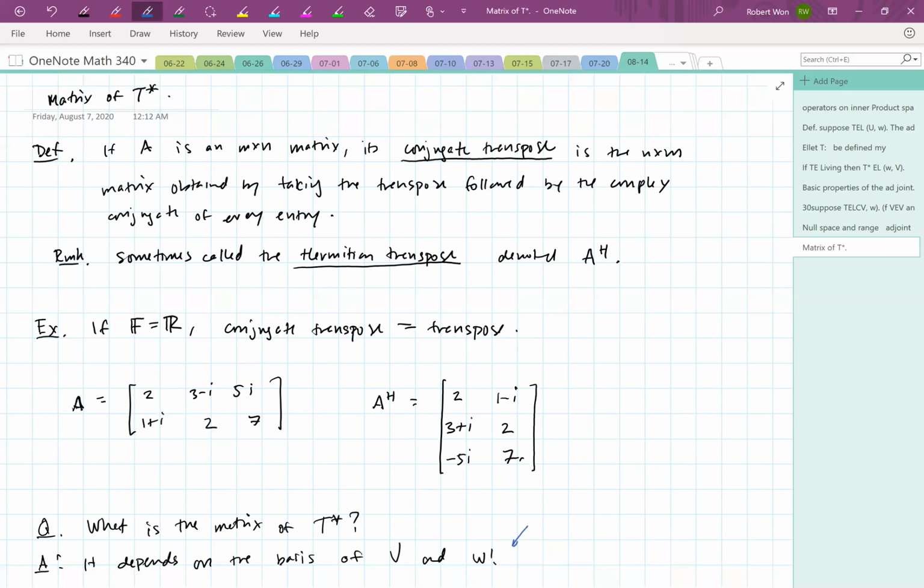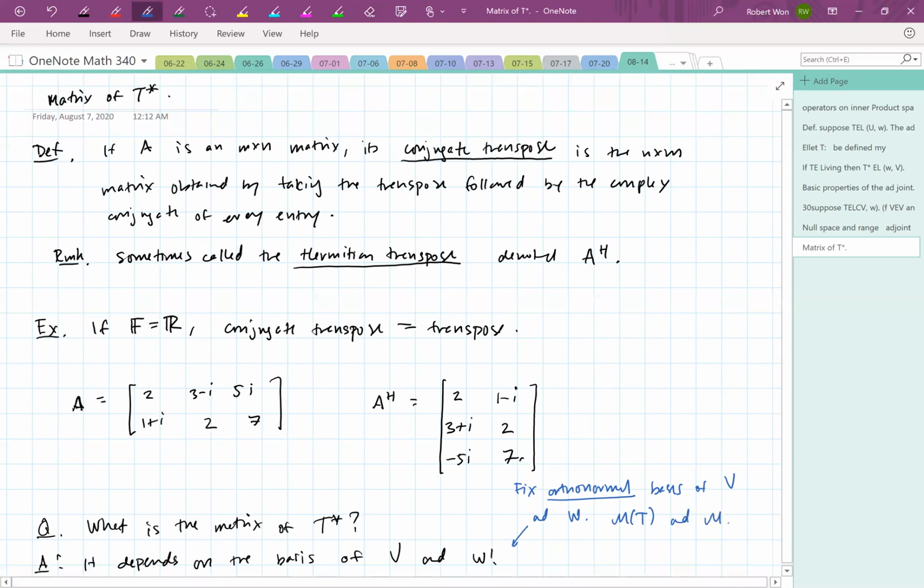We'll write this as a theorem in a second, but if you fix orthonormal bases of V and W, then the matrix of T and the matrix of T star with respect to these fixed orthonormal bases will be conjugate transpose to one another.